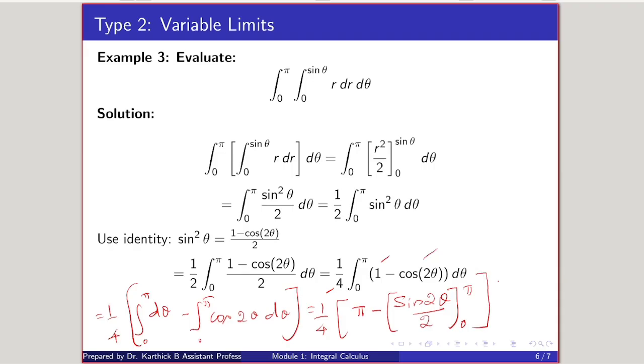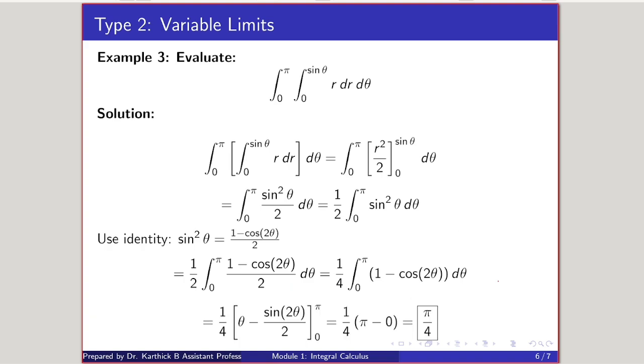Then we know that sine n pi is always 0 where n belongs to the natural numbers. Then sine 0 is always 0. So while making this, I am getting the value as sine 2 pi.